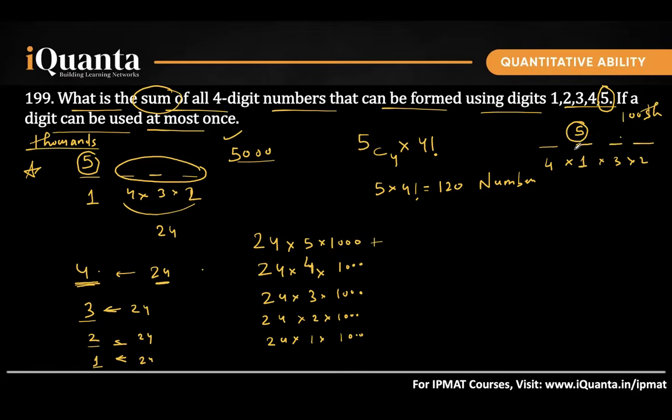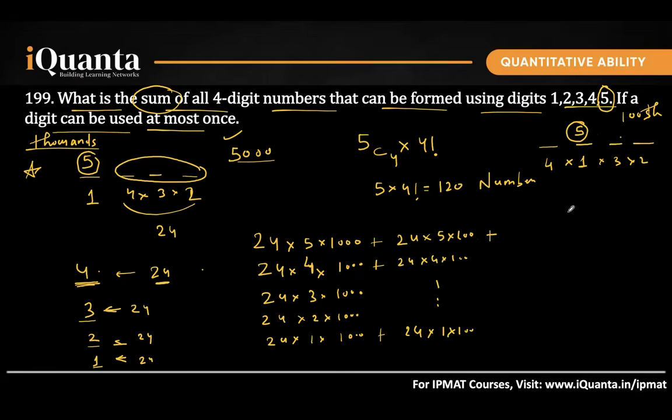There'll be 24 numbers in which 5 will be at the 100 place. There'll be 24 numbers having 4 at the 100 place, 3 at the 100 place, 2 at the 100 place, 1 at the 100 place. So what will be their sum? If there are 24 numbers having 5 at 100 place, this will be their sum. 24 numbers having 4 at the 100 place, and similarly 24 numbers having 1 at the 100 place.